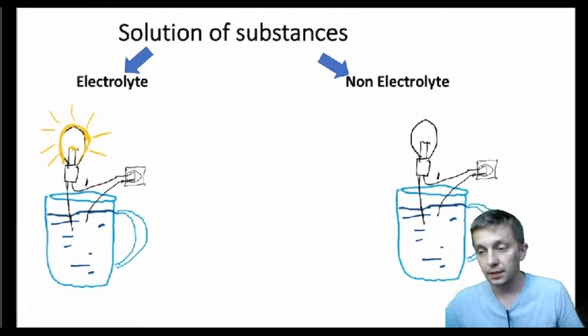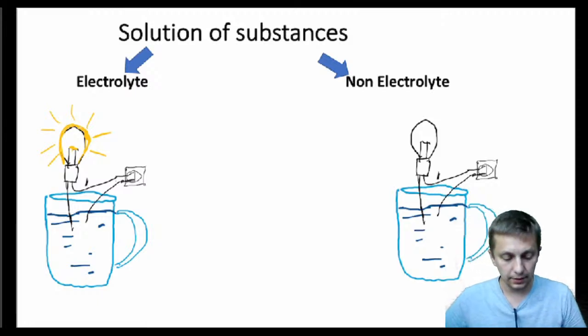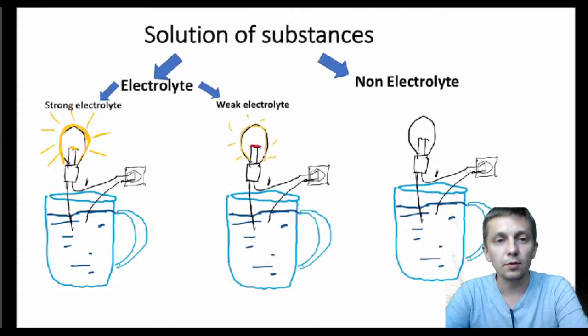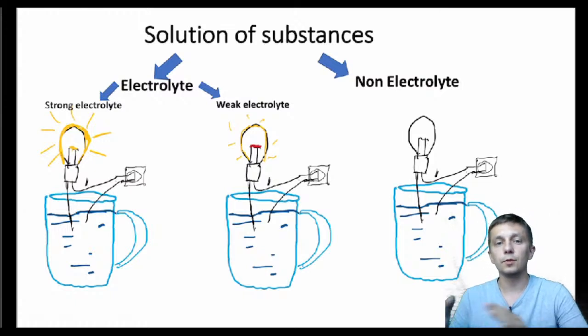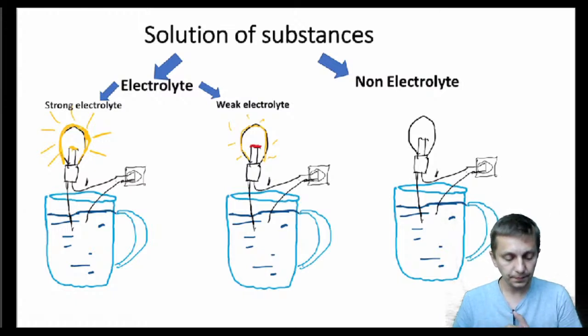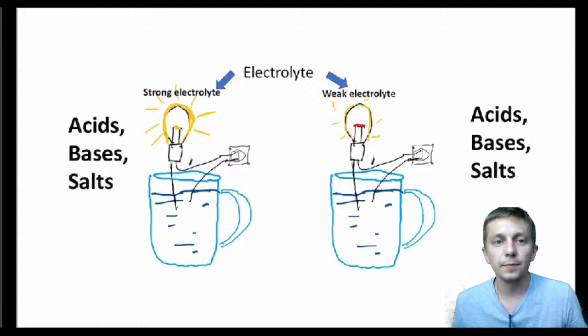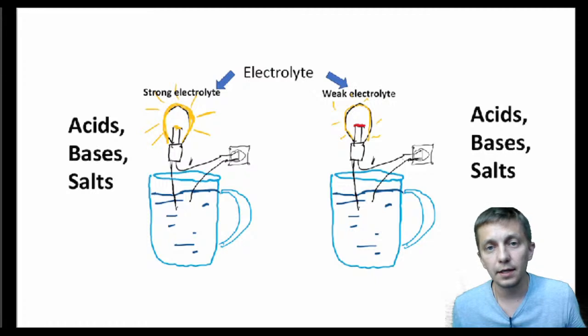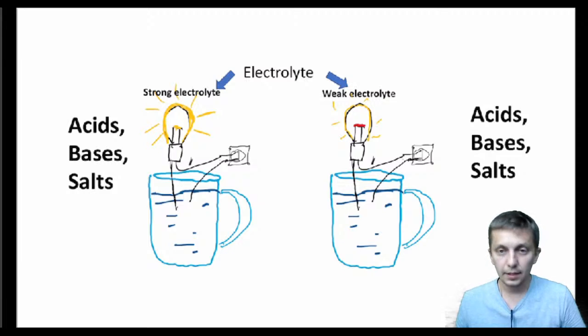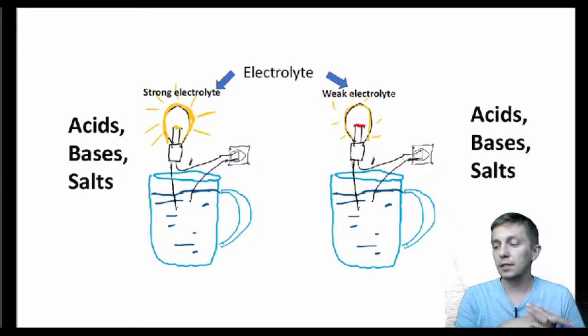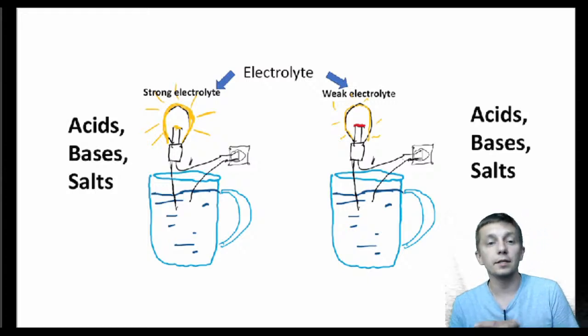If a substance does not conduct electricity, it's not an electrolyte. Electrolytes we can group into two big groups, weak and strong. Typically, strong electrolytes are acids, bases, and salts. And weak electrolytes are also acids, bases, and salts. So if a compound is an acid, base or salt, it can be a strong electrolyte or a weak electrolyte.